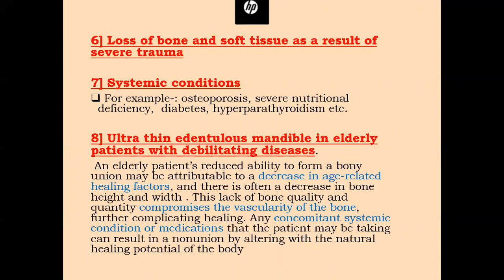Because of this there is a lack of bone quality and quantity, which compromises the vascularity of the bone, further complicating healing. And any concomitant systemic condition or medications taken by the patient can result in non-union by altering the natural healing potential of the body.